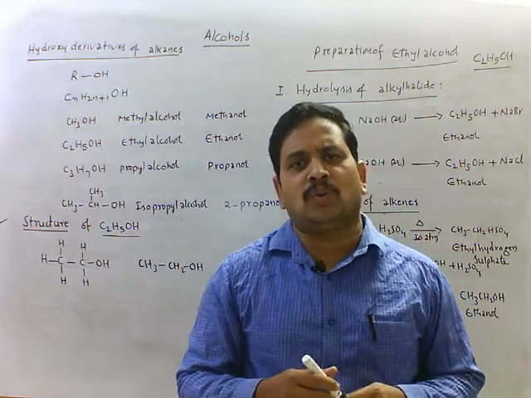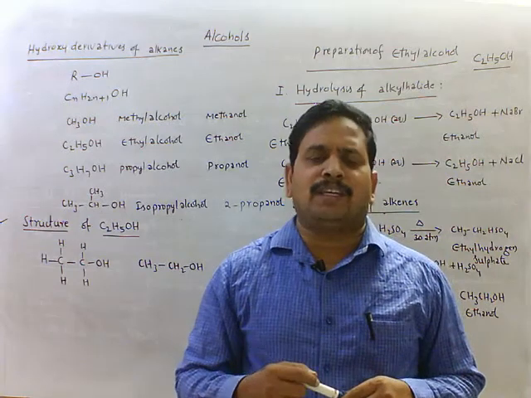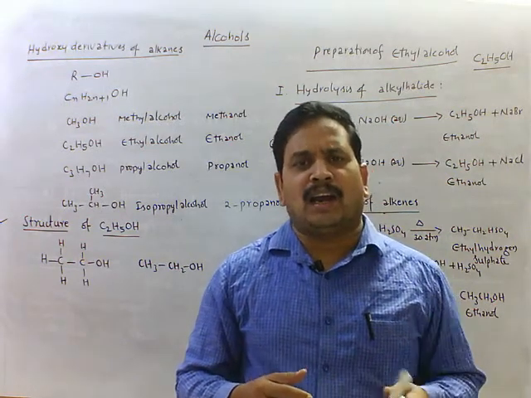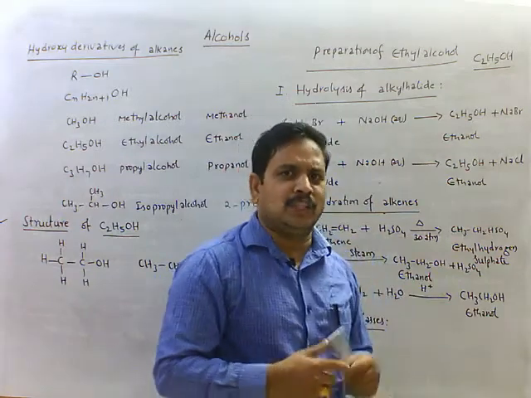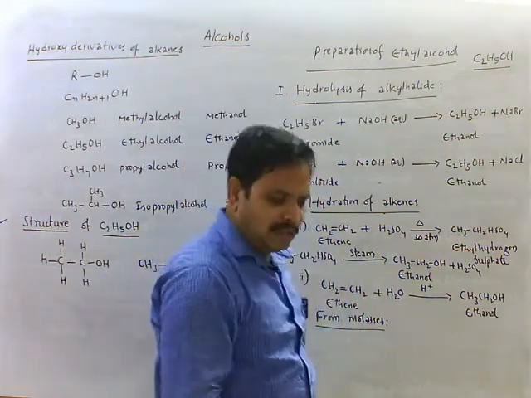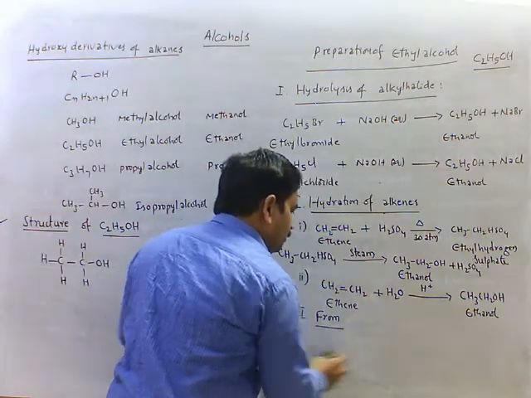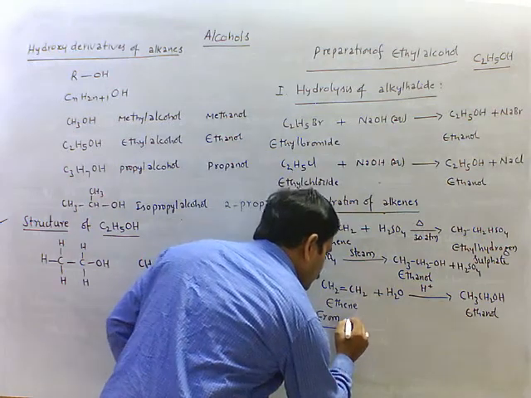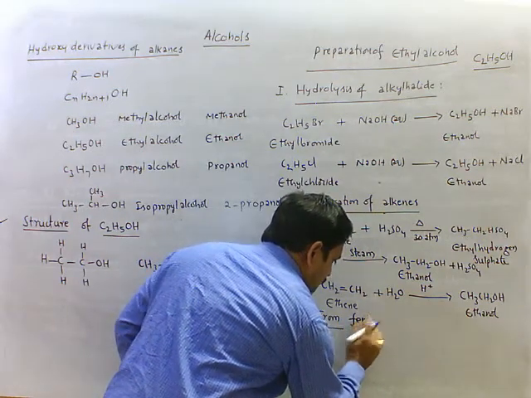That glucose is converted into ethyl alcohol and carbon dioxide by zymase. These two enzymes come from yeast. Here we are using fermentation.